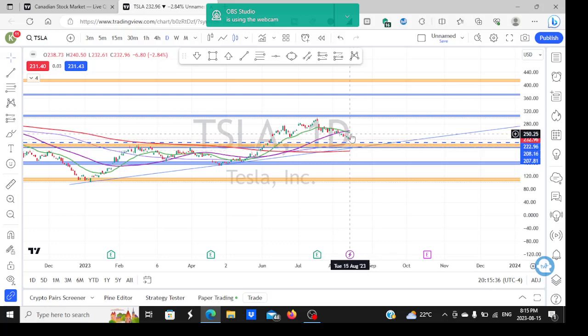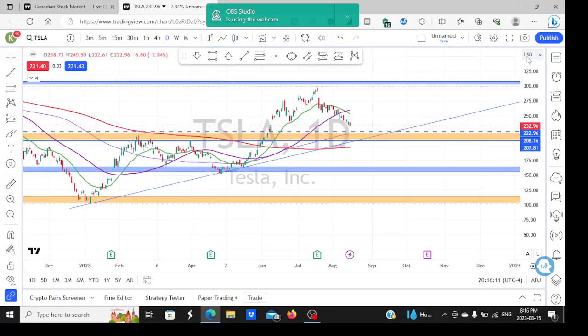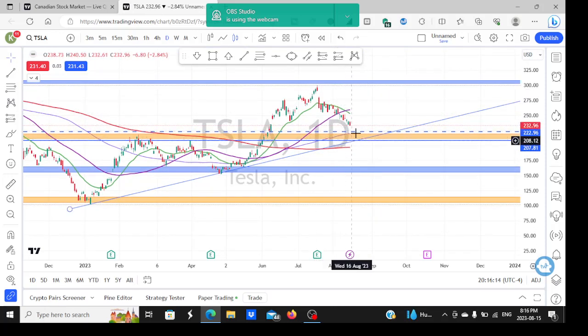If we're looking at the moving average, it can come down and bounce off this 200-day moving average, which is right here. We have our resistance turned support in this area. So look for Tesla to turn around in this area. I think it's going to be a strong reaction in this zone.